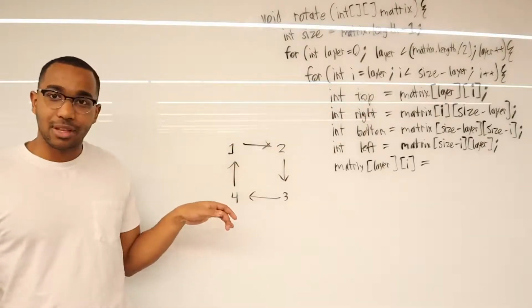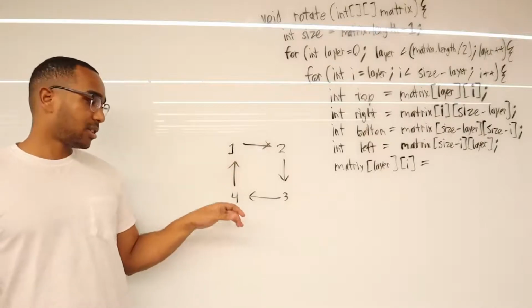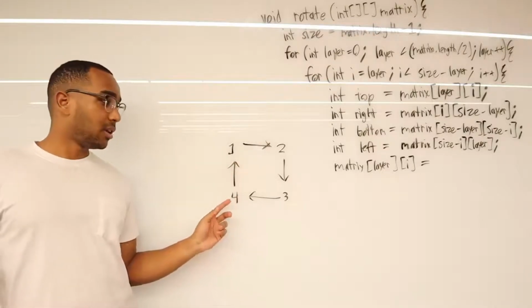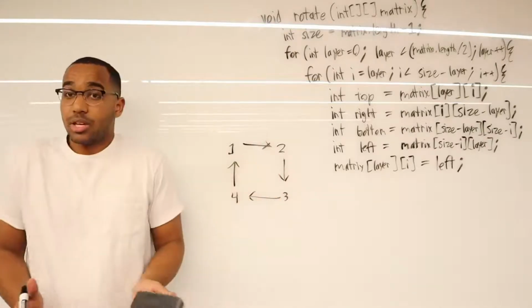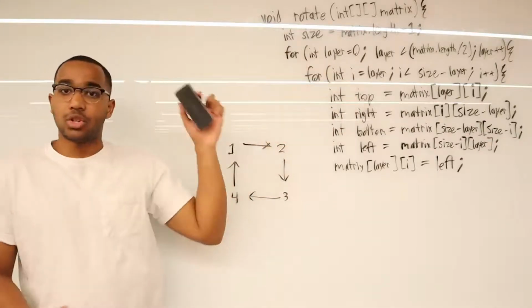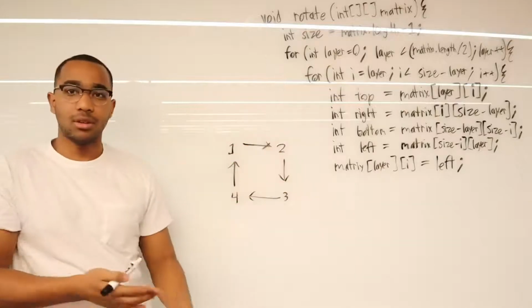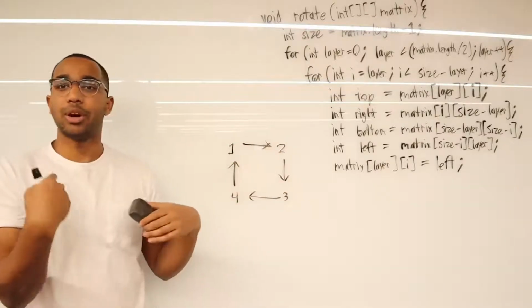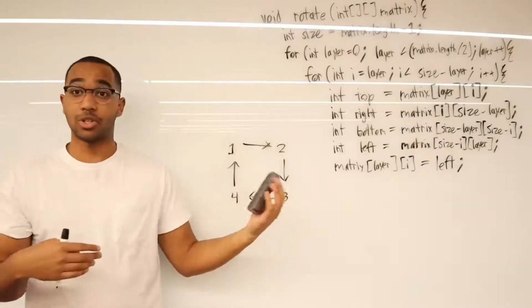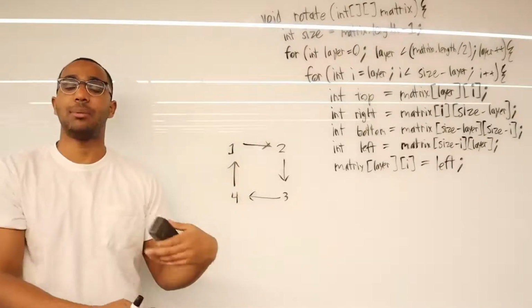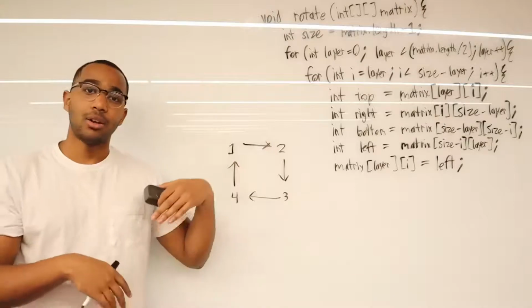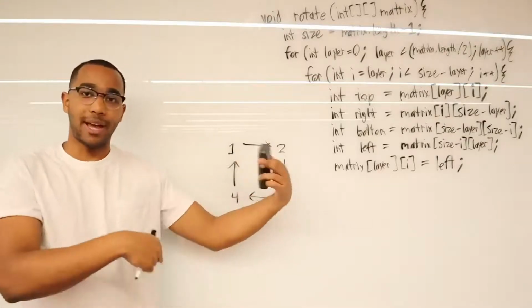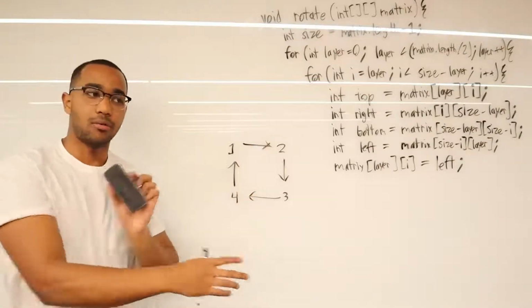The left boundary walker, this guy who starts in the bottom left corner, that's what ends up in the top guy. So we just say left. So this is the interchange. We pull these guys out just so we can move them around. We overwrite what was previously in their positions, but we're performing the rotation element by element in the layer we're in. When we're done with the layer, we do the same thing on the next layer, element by element, four-way temp swaps.